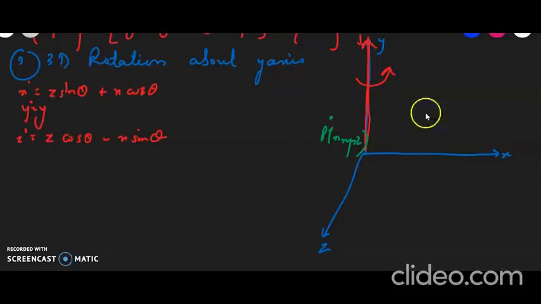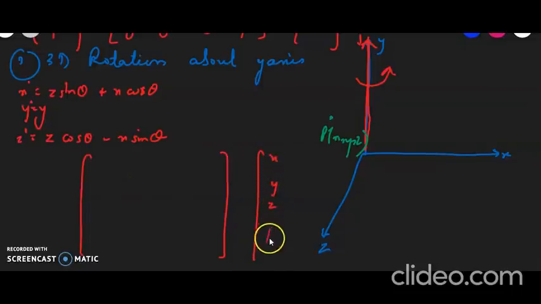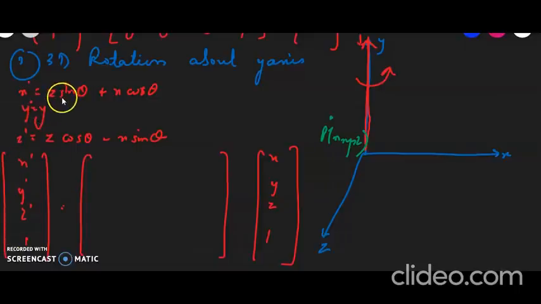So for XY, it is X first, Y next. For YZ, it is Y first, Z next. For ZX, it is Z first and X next, right? So it is z cos theta minus x sin theta, and x dash is z sin theta plus x cos theta. Now we write the matrix x, y, z, and a 1, right? So my output is x dash, y dash, z dash, and a 1. So when I talk about x dash, it is z sin theta plus x cos theta.